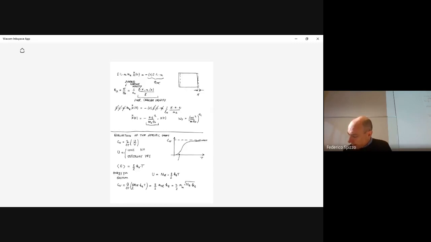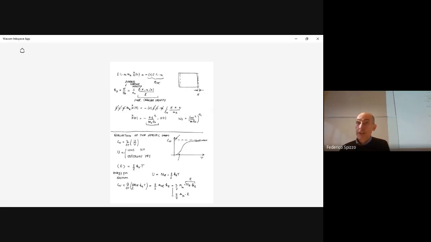The product of the Avogadro number times Kb is the constant of gases, R. So this is 3 divided by 2 times the molar density times the constant of gases.